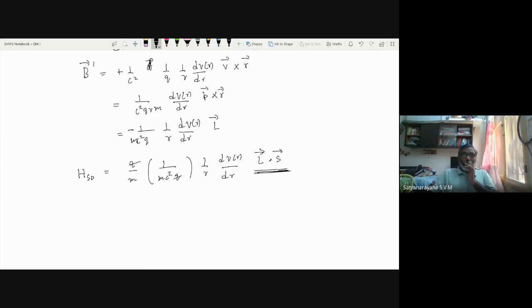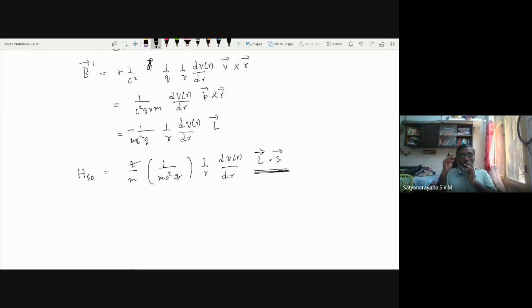Okay, so now if you want to calculate the first order correction for the spin orbit coupling, you have to actually calculate the expectation value of L dot S in angular momentum and spin configuration.